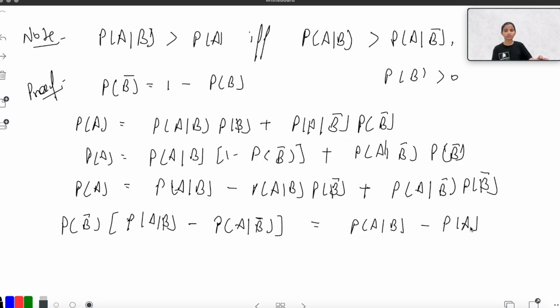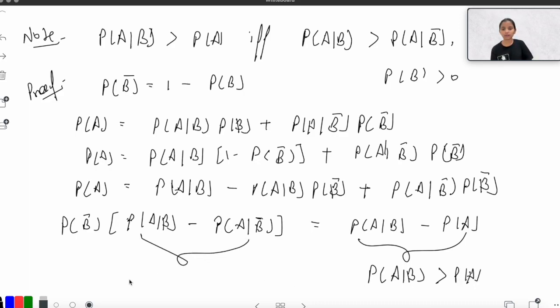So you can generalize from there that probability of A given B is greater than probability of A only if probability of A given B is greater than probability of A given B bar.